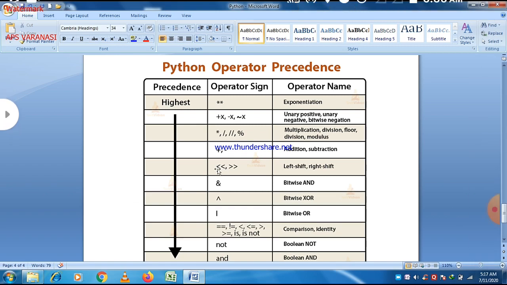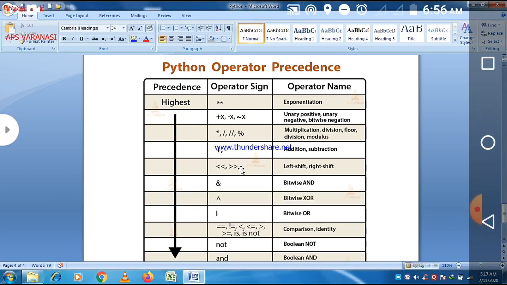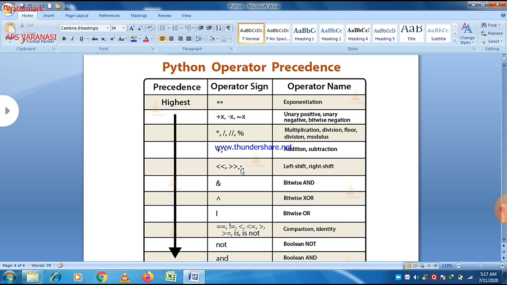Operators which require two operands are called binary operators, and operators which require only a single operand are called unary operators. So plus and minus both behave like unary and binary operators.